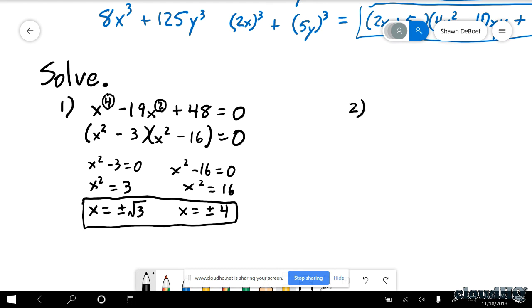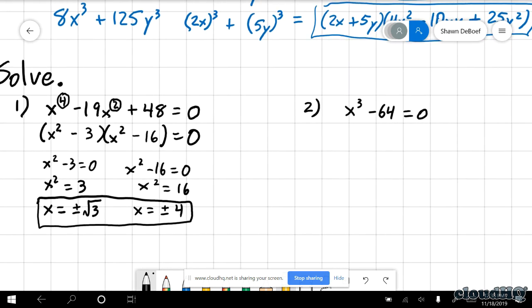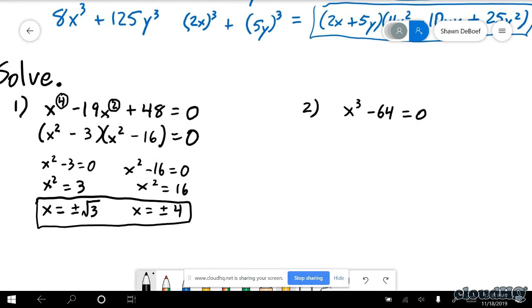Let's do one more solving problem. x cubed minus 64 equals 0. I could solve that by factoring, yeah?